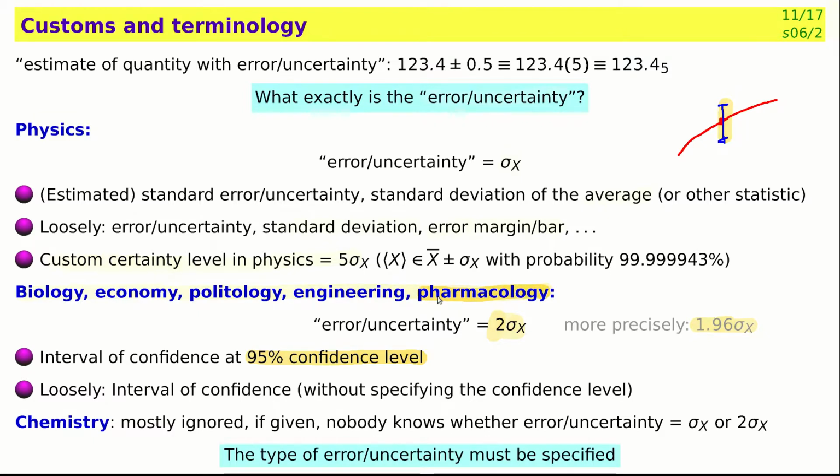To test a new drug, you prepare a double-blind experiment and provide tests, and after all the statistics done hopefully correctly, you'll find that the new drug is efficient, it does work, gives statistically significant improvement of health at the 95 confidence level.